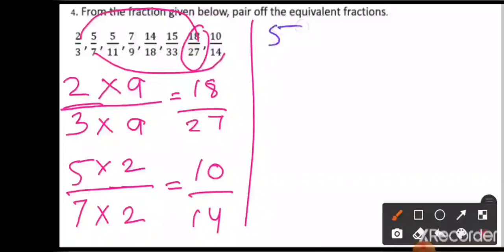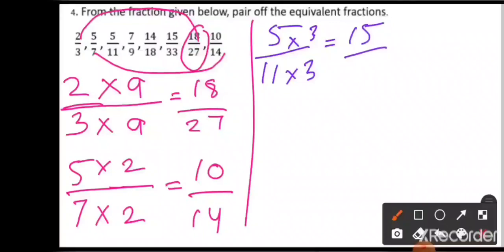Next, 5 upon 11 is equal to, if we multiply 5 by 3 and 11 by 3, we get 5 threes are 15, 11 threes are 33. These two are equivalent fractions. And the last one is 7 upon 9.